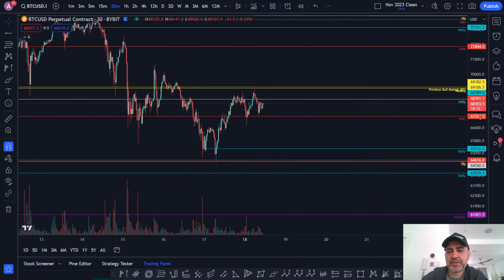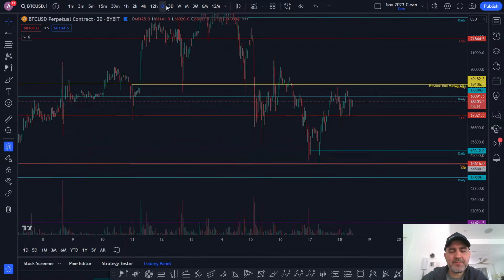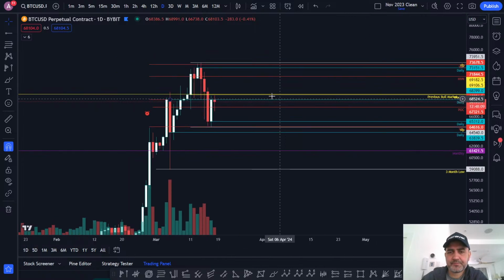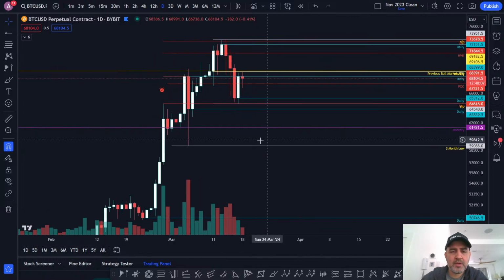So market structure. We have some things going on with market structure. On the daily time frame, we're still bullish.